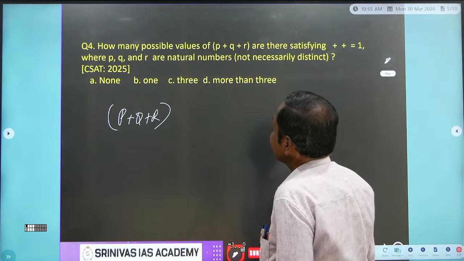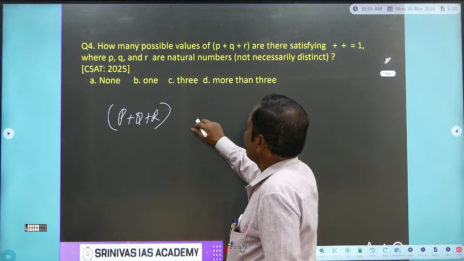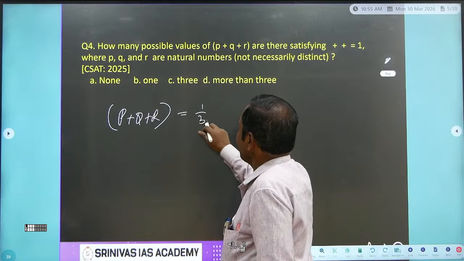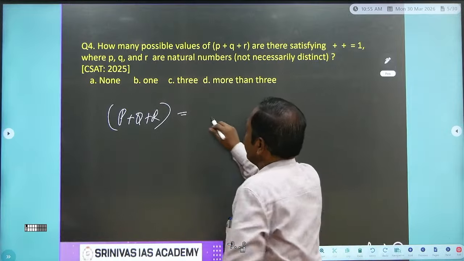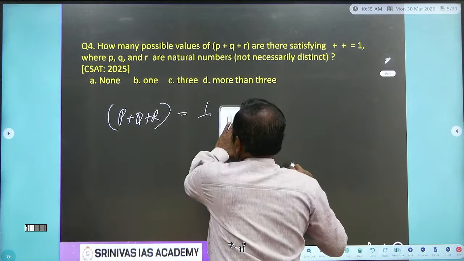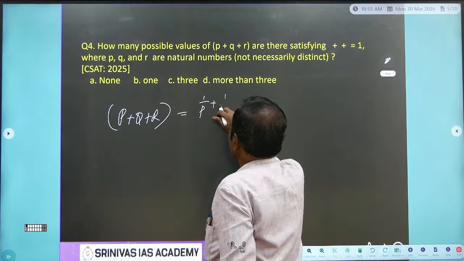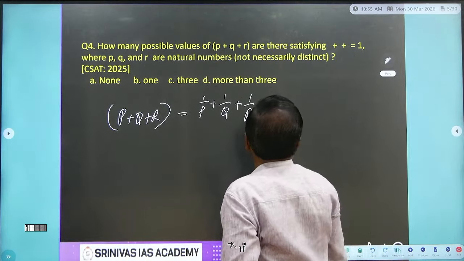Satisfying 1 by P plus 1 by Q plus 1 by R equals 1.